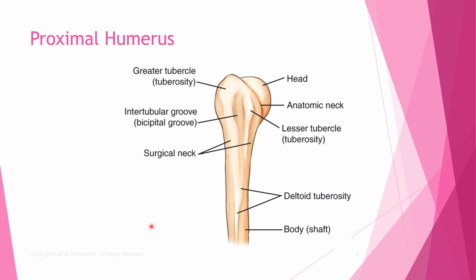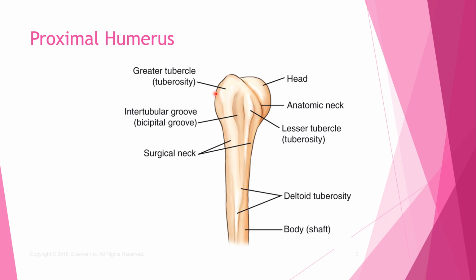With the elbow, we looked at the distal humerus. This one is the proximal humerus. And on here, all of this anatomy is important. We have the humeral head right here. And the humerus actually has 2 necks. It has an anatomic neck and a surgical neck. We also have the greater tuberosity, which is located right here, and we have the lesser tuberosity.